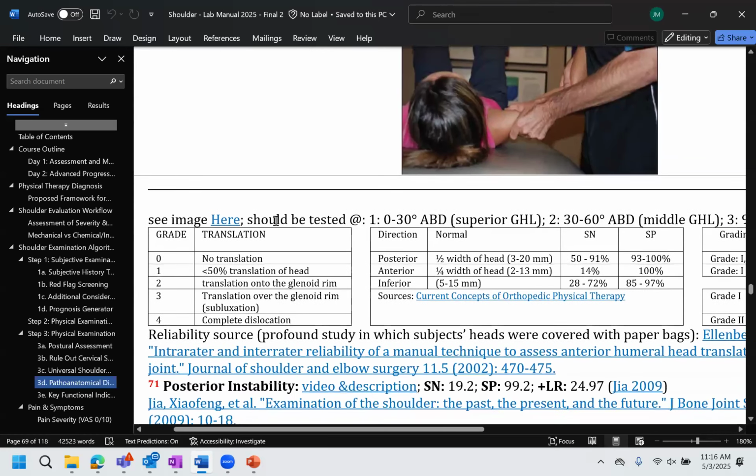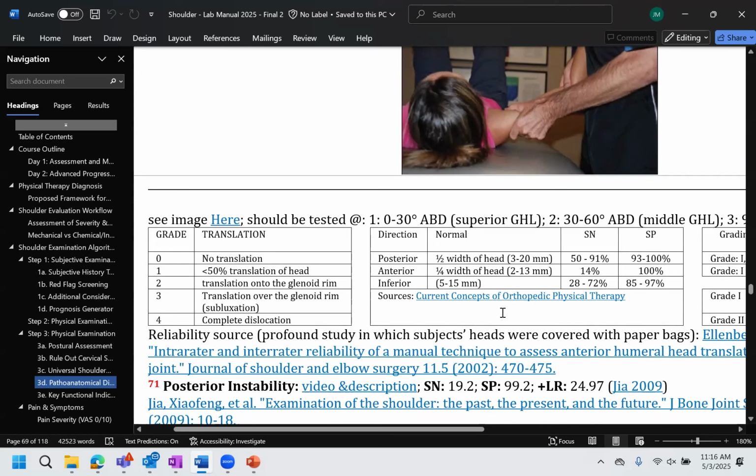And then the other thing that's worth noting is that there's been some stratification, and you'll hear a lot of the surgeons and docs talk about the grading of it, right? So no translation is 0, less than 50% of translation of the humeral head. And again, they've described a couple of different grading systems.